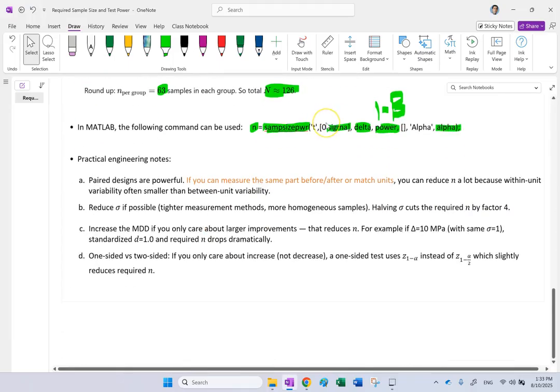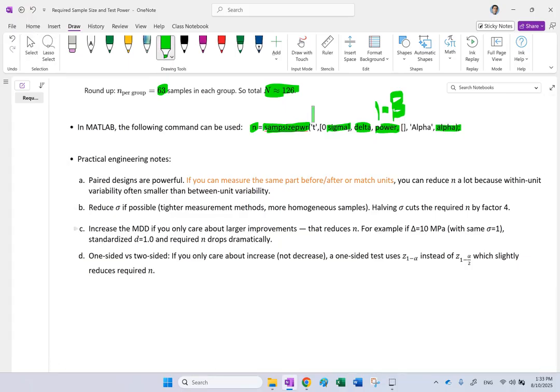So if I want to draw some conclusions for you based on these results, the first thing is really try to increase the MDD if you really care about large improvements. So do not care too much about the small improvements if you cannot afford to have lots of samples. Do not do that if you cannot make enough samples.